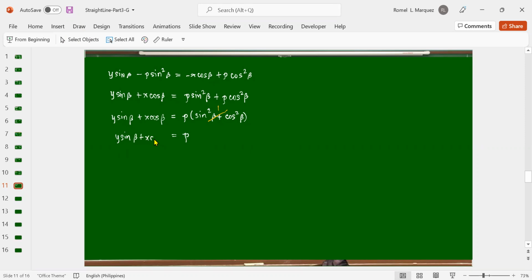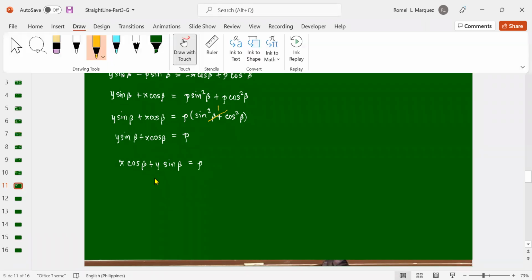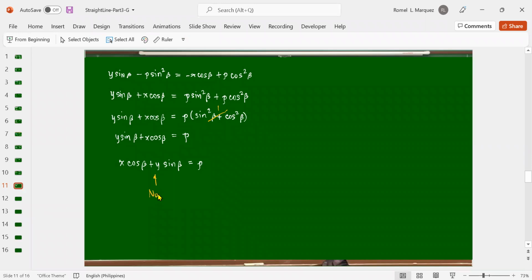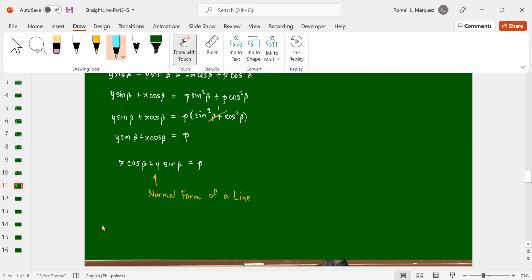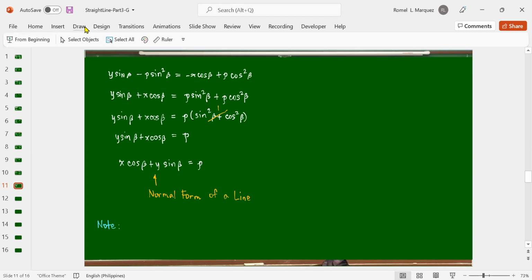Okay, guys? So again, we call that the normal form, or x cosine beta plus y sine beta equals p. So this is called normal form. In mathematics, by the way, guys, when you say normal form, it means perpendicular.